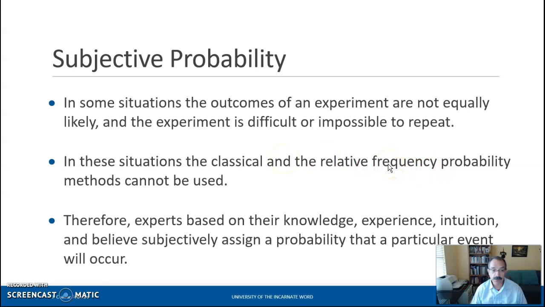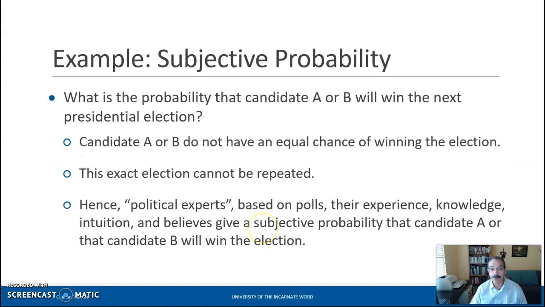So we cannot use it. This is a case where experts, based on their knowledge, experience, intuition, and beliefs, subjectively assign a probability that a particular event will occur. They go like, well, I think the wind is going in that direction, so that probability is going to be so much. That's what this is saying.